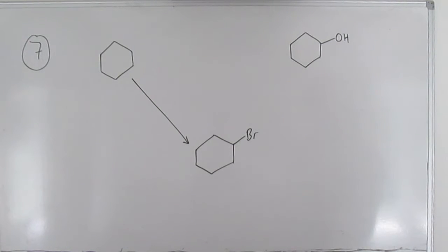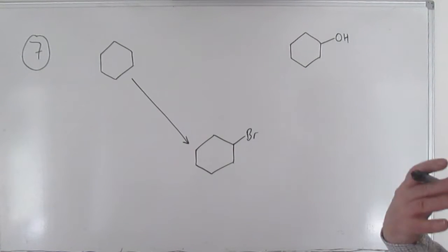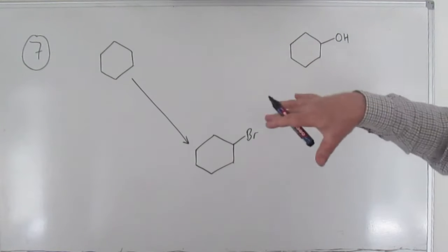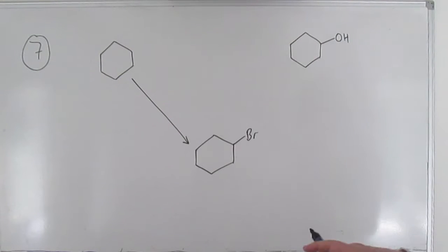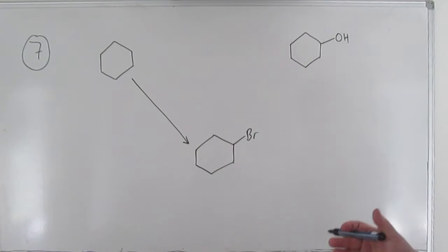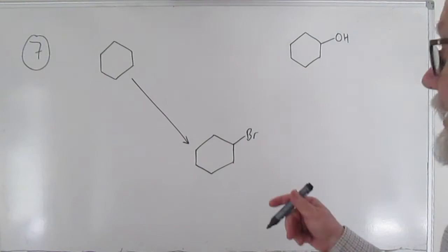And the only way you're going to be able to do that is if you know your organic reactions really well. So if you haven't been trying to keep up and memorize the reactions as you go along, hopefully you can see from this question that it's really important that you do that, because these kind of questions depend on you really having that readily available knowledge.